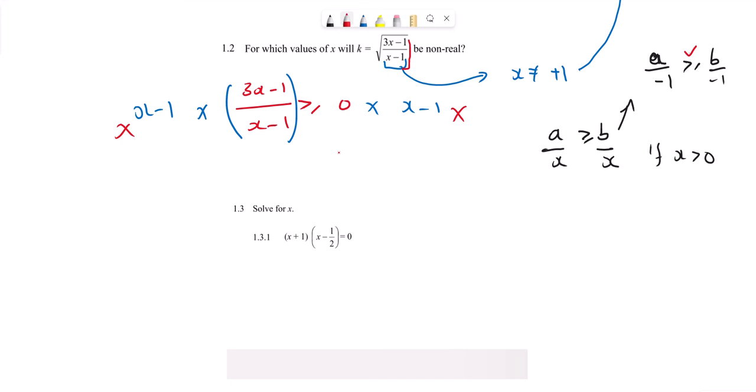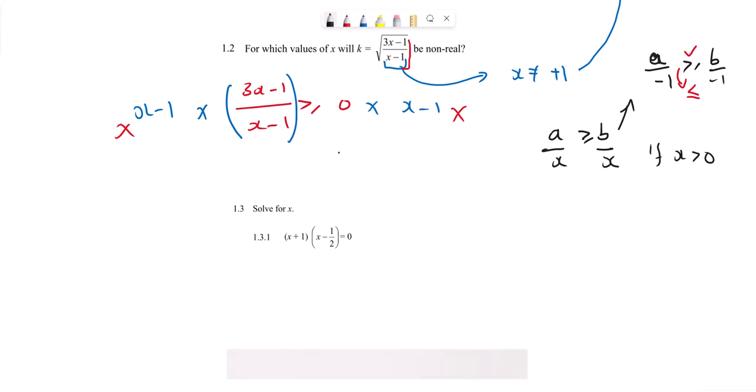The sign should change, right? It should change because we're dividing by a negative. That is one of the rules of inequalities, but we're not covering inequalities today. We're just going through the exam paper.